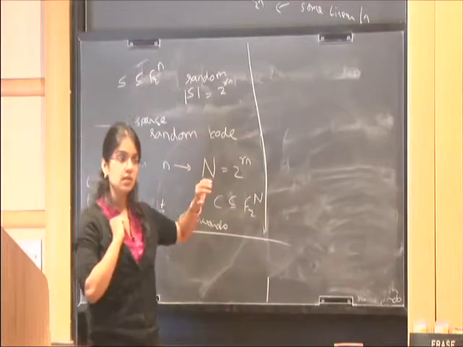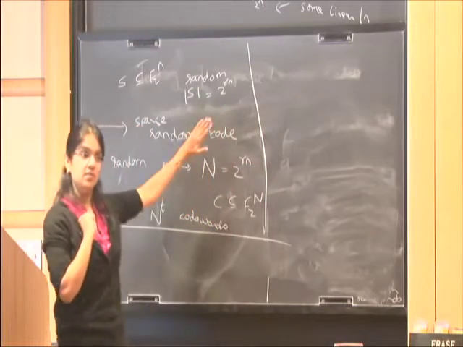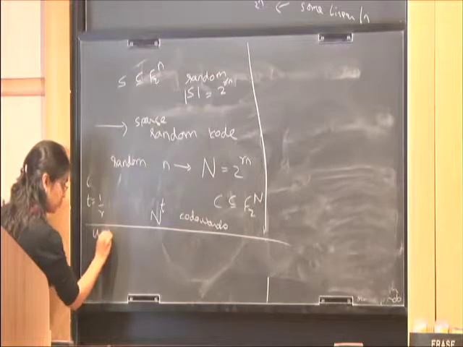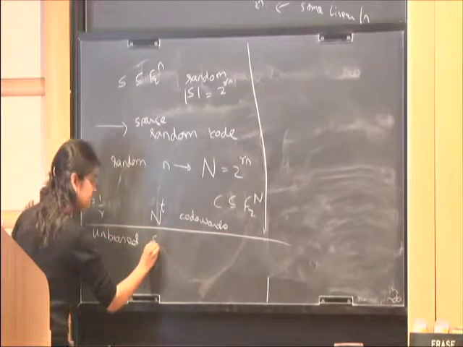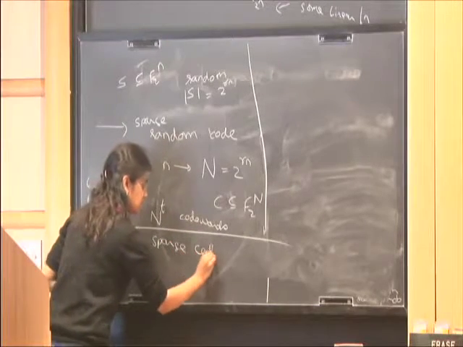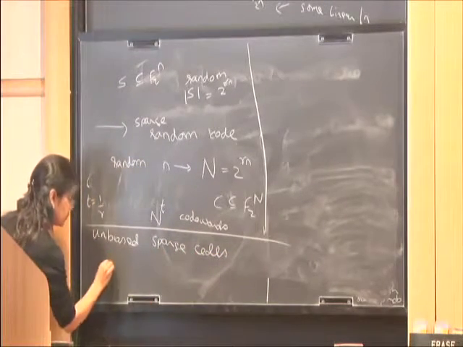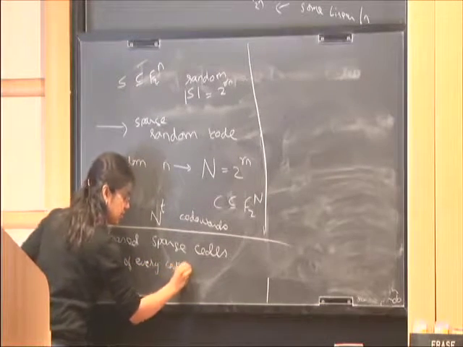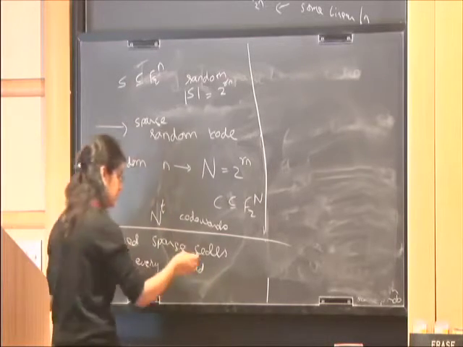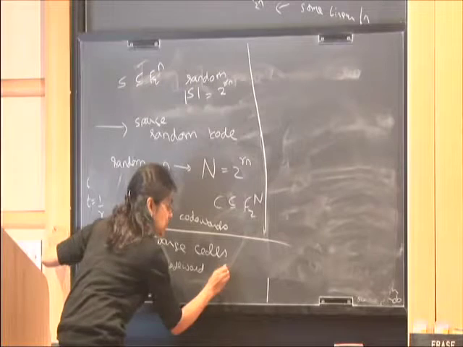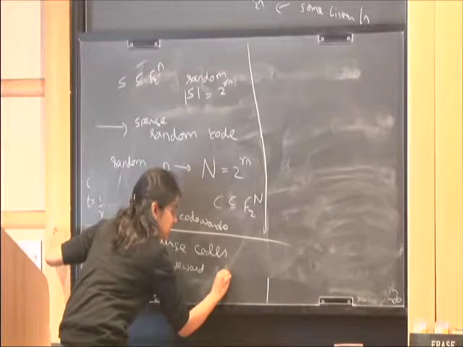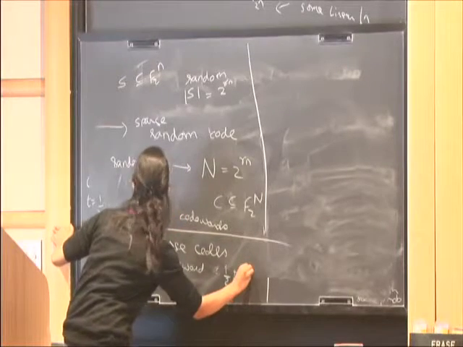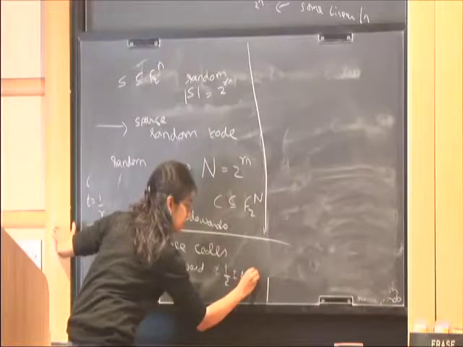So this method will not work for any code or random code. So in particular, unbiased sparse codes. And by unbiased codes I mean that the Hamming weight of every code word is basically between half minus n to the minus gamma, and half plus n to the minus gamma, say.